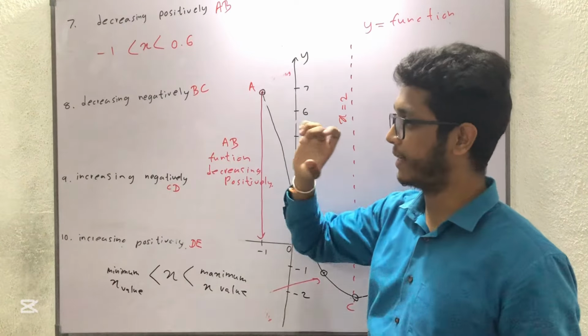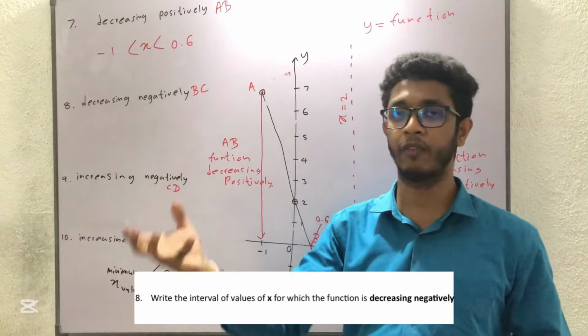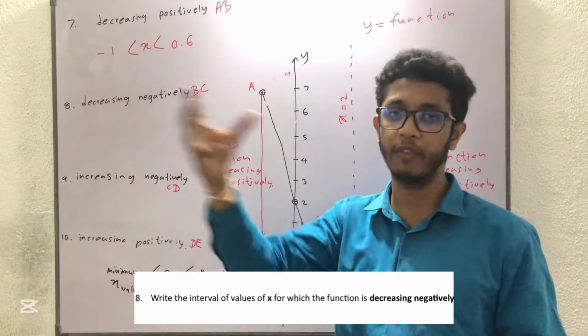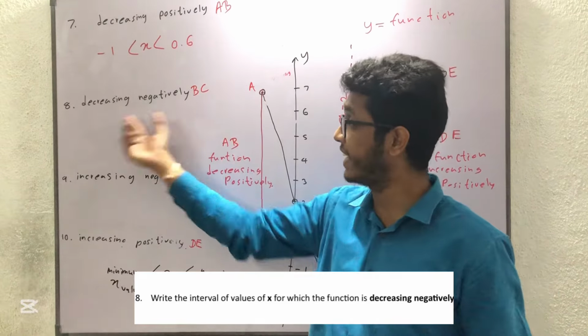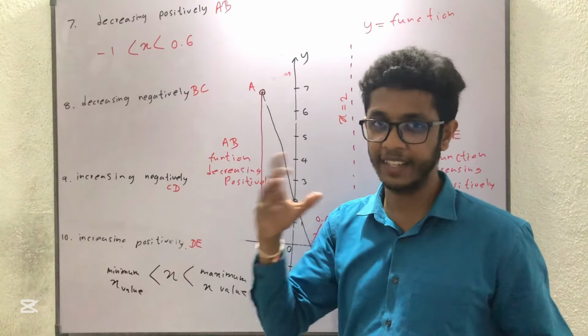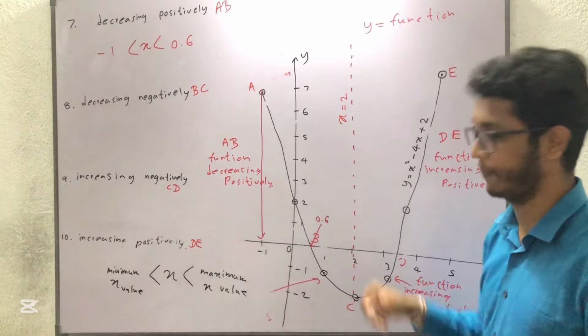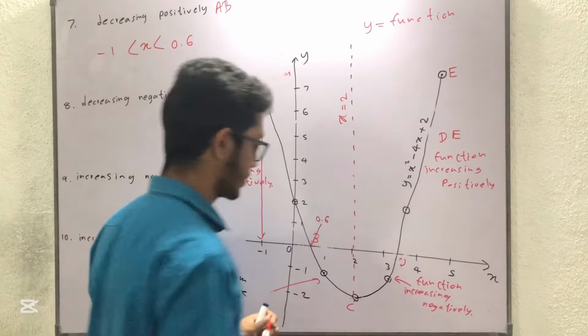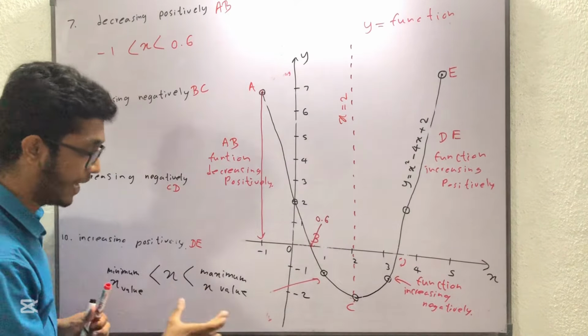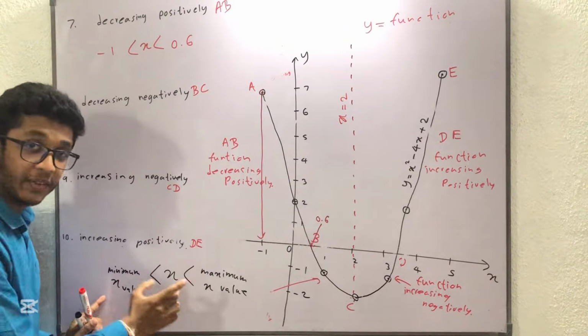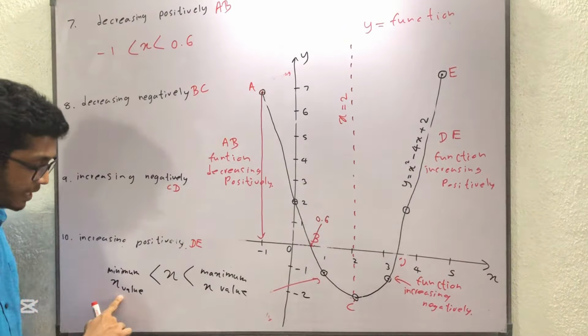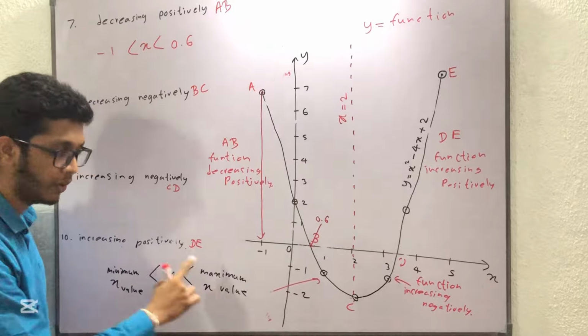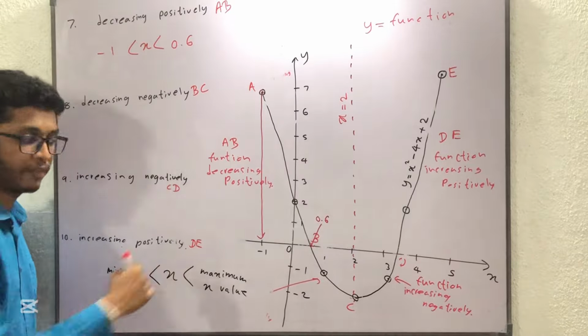Then question number 8. They ask us to write the interval of values of x for which the function is decreasing negatively. So we identified the graph part, that is BC. In this BC part also, I am writing the x value range according to the same format. I am considering the minimum x value and maximum x value, and in between I am writing x with this shape.